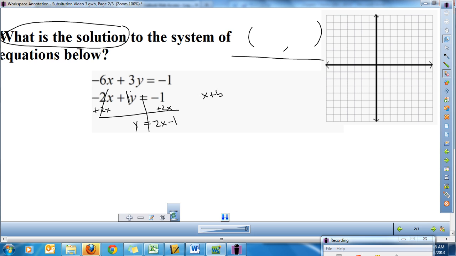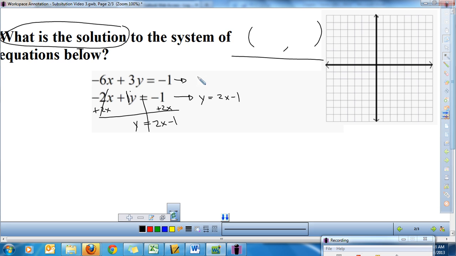So essentially what I just did was I changed this equation into y equals 2x minus 1. We're still using the full top equation. We're not rearranging it. I have a -6x plus 3y equals -1.